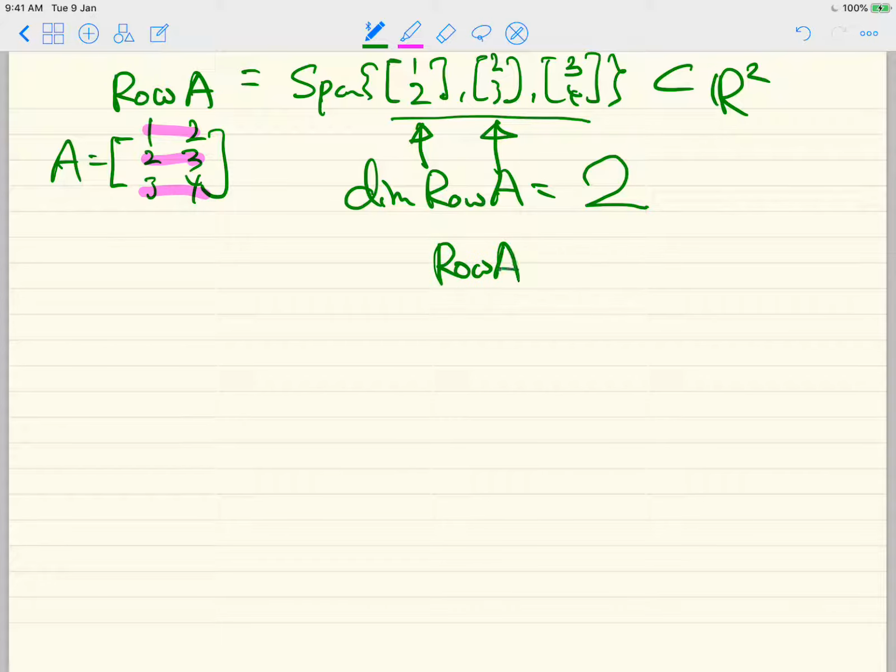Okay, and then let's consider the orthogonal complement of the row space of A. By definition, the orthogonal complement of this row space of A is all the two-dimensional vectors that satisfy this equation, 1, 2 and 2, 3, right?